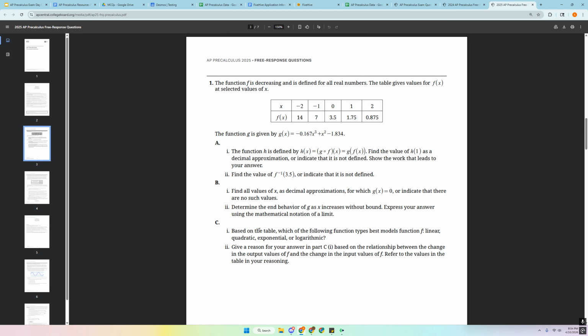And then for this one, you're doing a regression. You would just enter these numbers in Desmos or TI-84, and you would check which of these 4 fit best. And then for C part II, you would talk about how as x increases, for example, x is increasing by 1 each time.